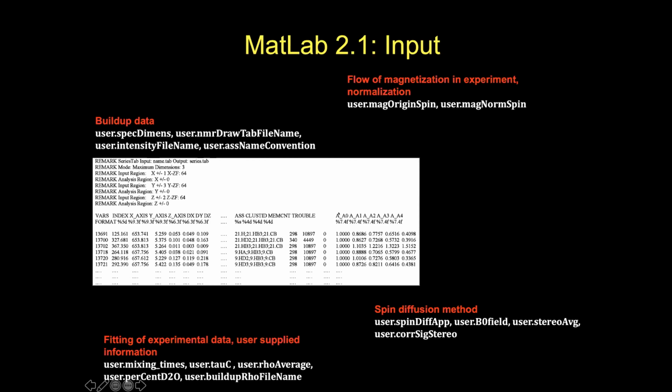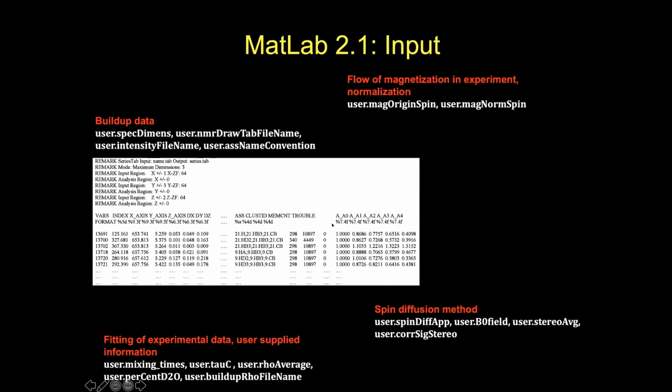And it will add up these parameters here, these A underscore A0, 1, 2, and so on. And these are simply the relative intensities of these other NOESYs. Of course, you start with the one that you have assigned.